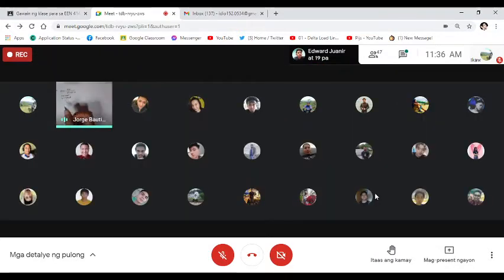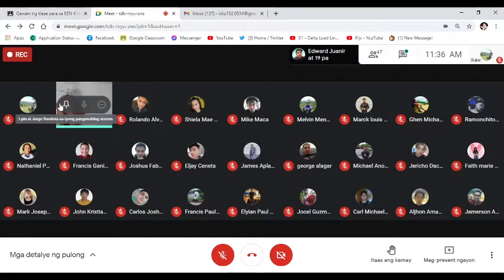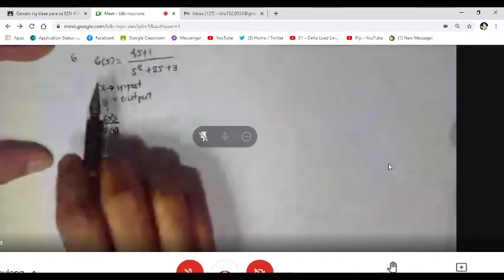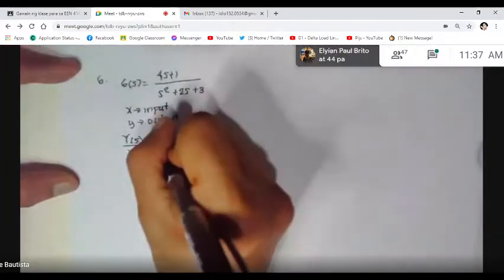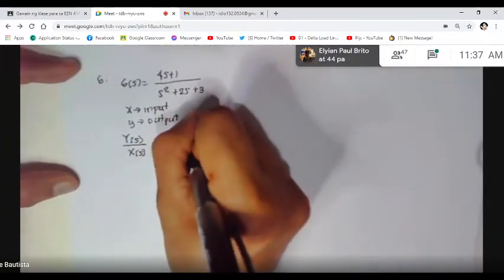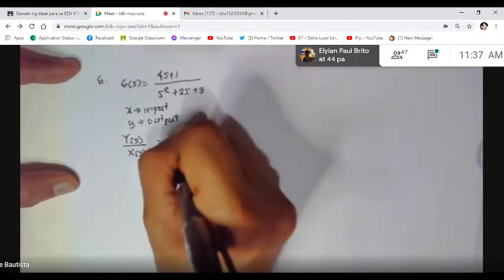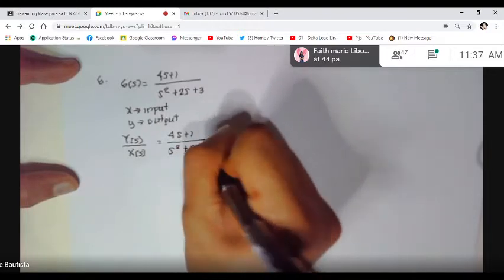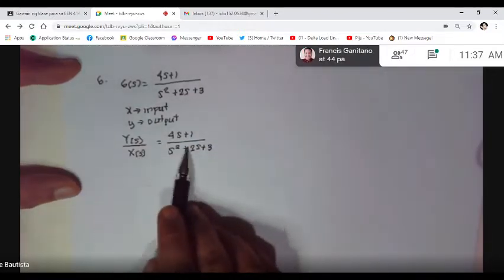So G of s now is the output Y sub s over the input. Ayan, ginawa nating ganyan yung G sub s, and that is equal to 4s plus 1 all over s squared plus 2s plus 3. Magko-cross multiply ka ngayon.